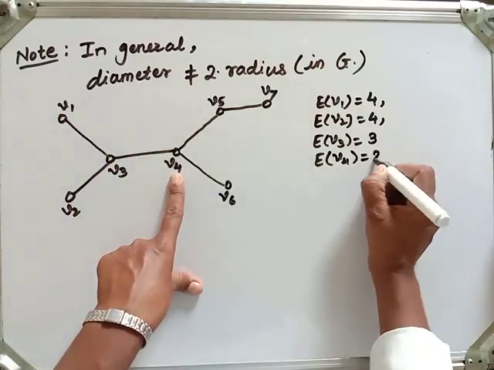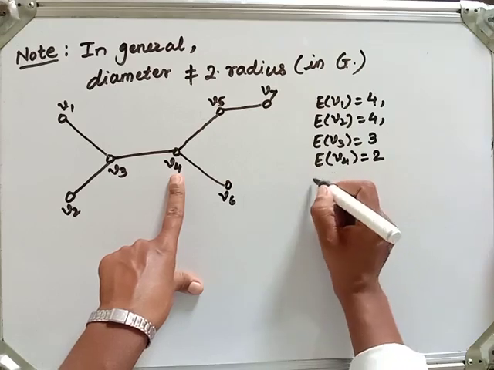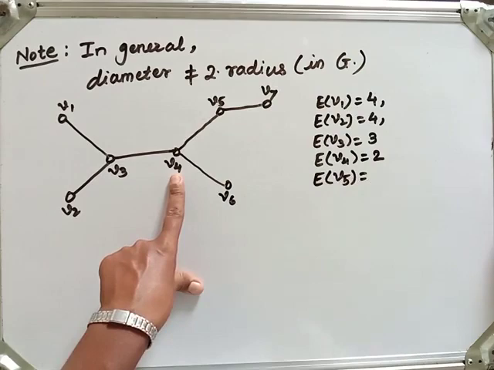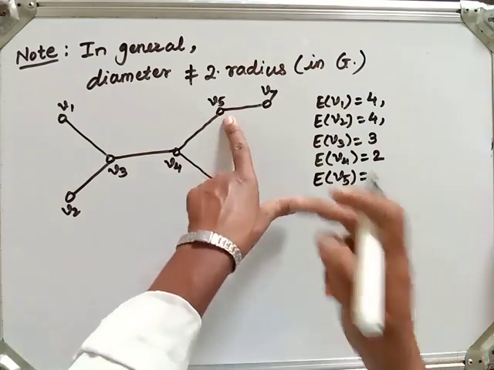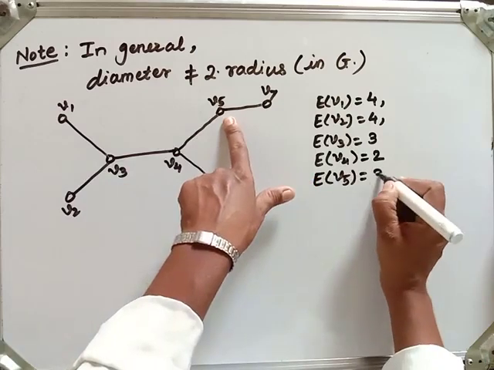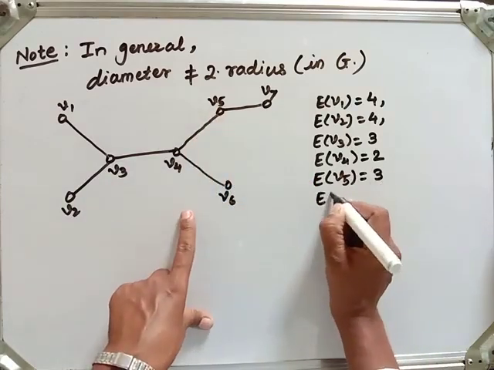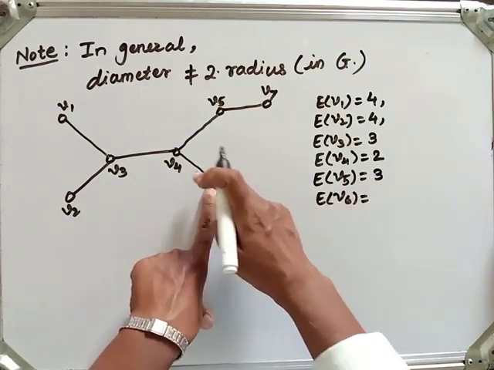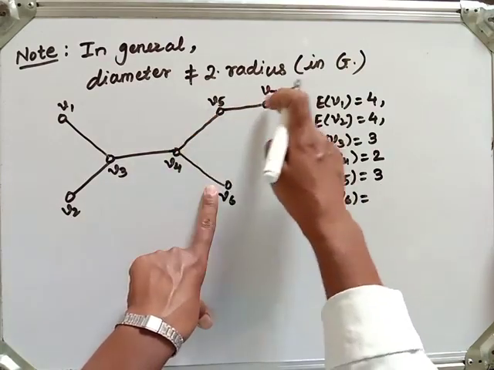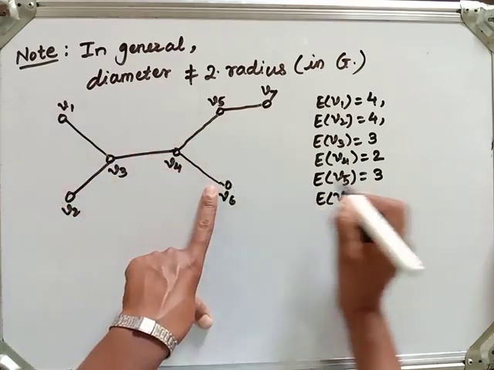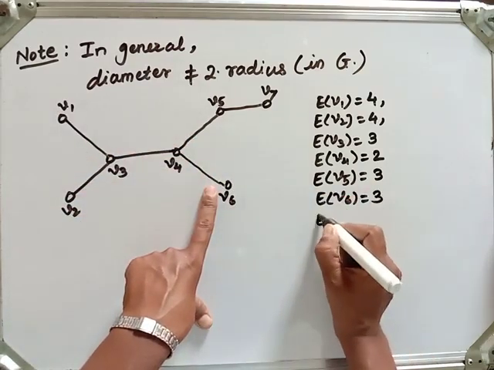So it is 2. Eccentricity of V5 is 3, right? Eccentricity of V6: this distance is 3, this is also 3, this is also 3. So it is 3. Eccentricity of V7.